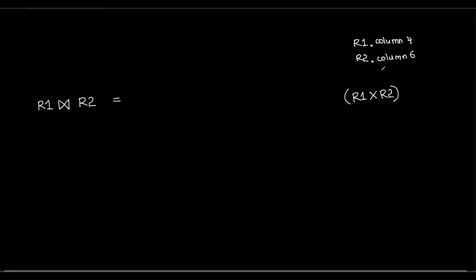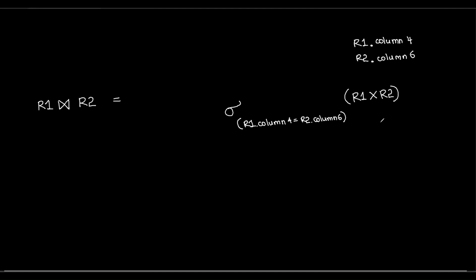They are the common attributes. Now we can use the selection here. The selection condition will be R1.column4 equals R2.column6.